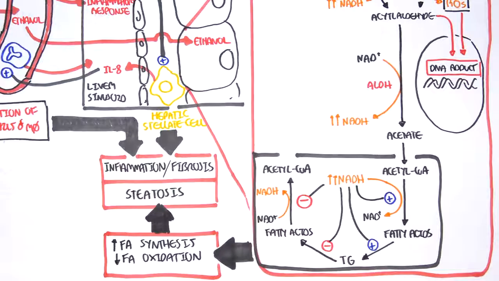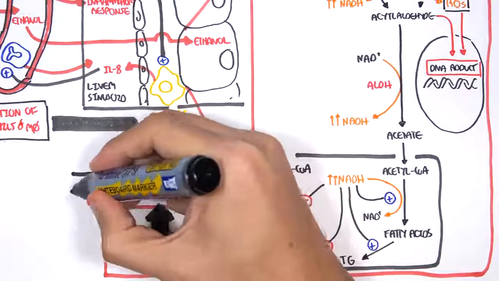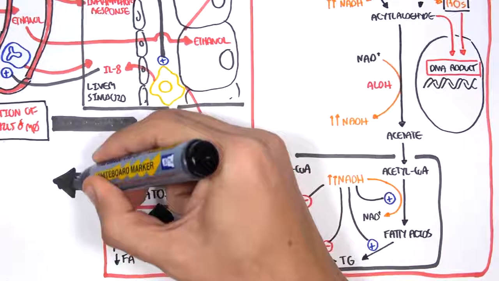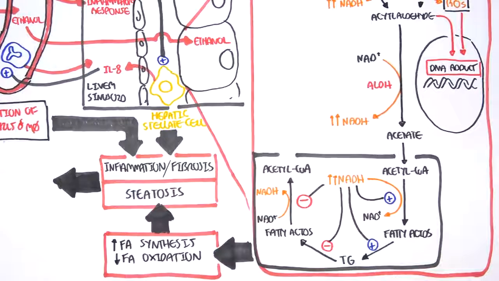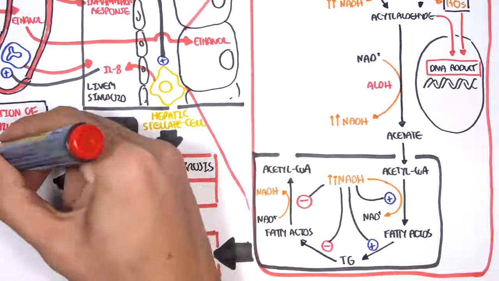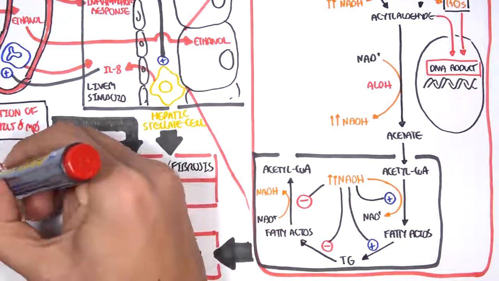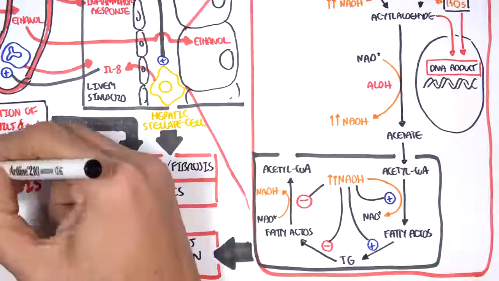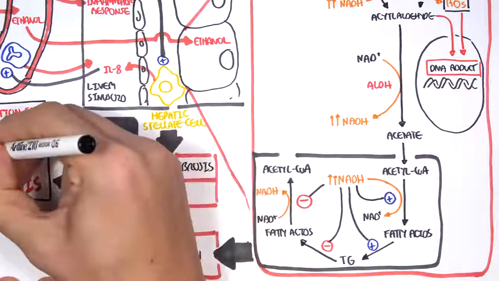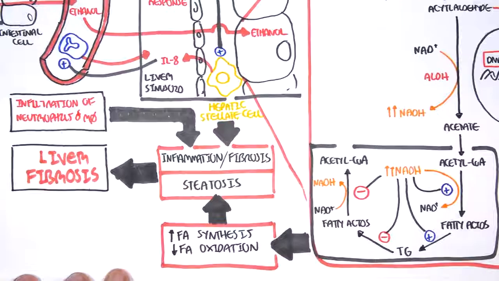So we have two main things happening, or three. We have inflammation, we have fibrosis, and we have steatosis as a result of excessive alcohol intake. And this all results in liver cirrhosis. I wrote here liver fibrosis, but it should be liver cirrhosis. But same concept.